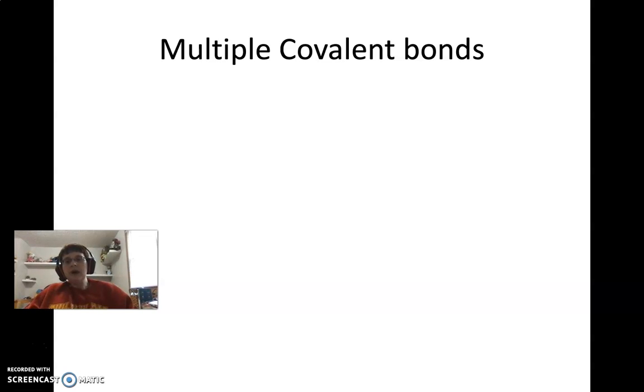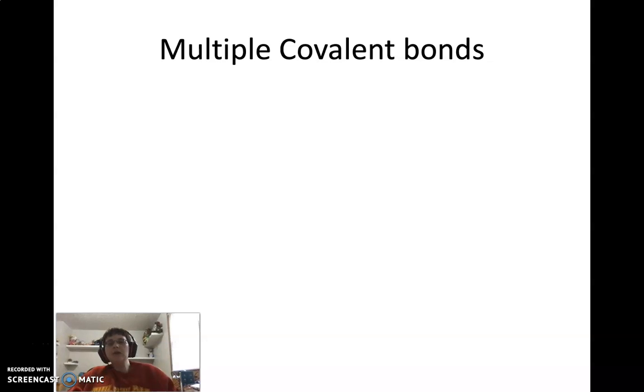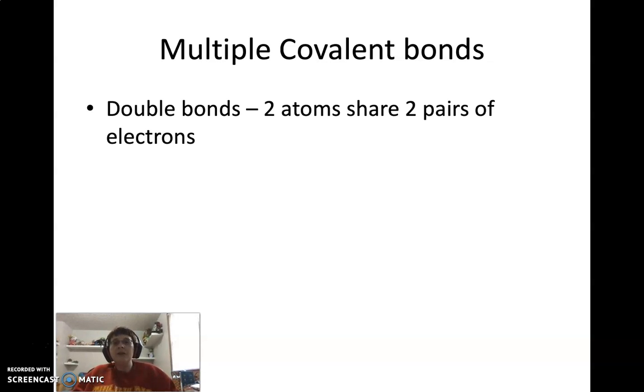So this also helps when we are looking at multiple covalent bonds, because any element that has more than 2 available spaces to make bonds can make multiple covalent bonds. Obviously, if you have 2 atoms sharing 2 pairs of electrons, we call that a double bond.